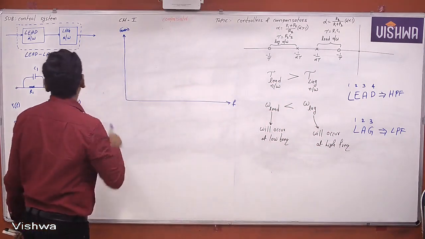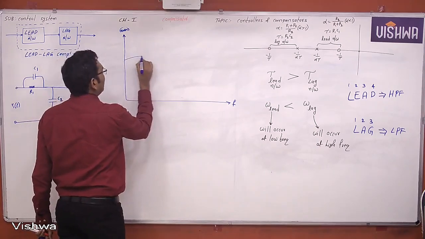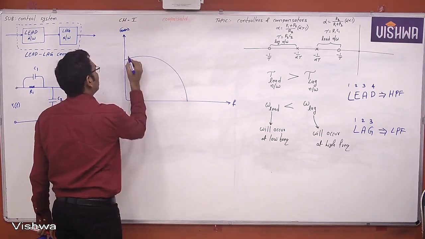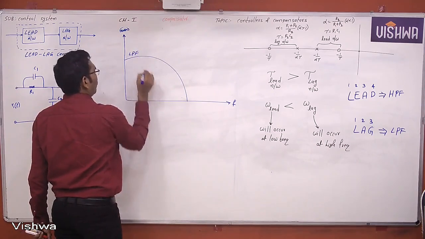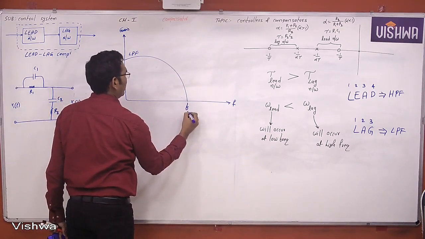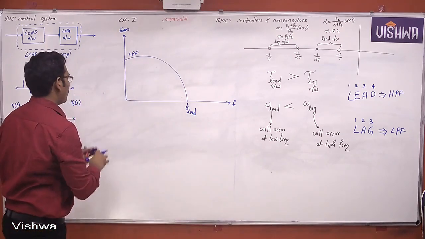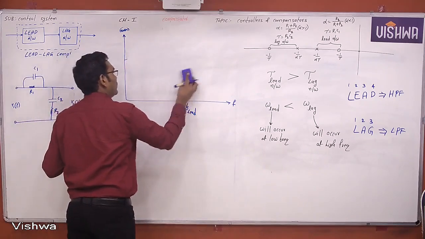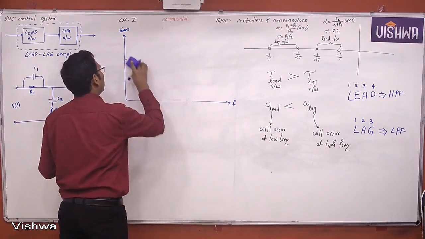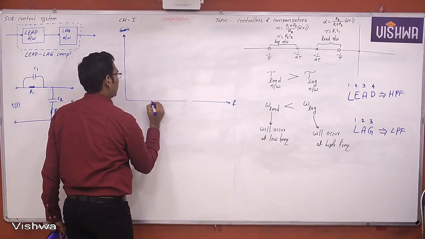Now, what is the first network? Lead. The lead network will act as a high pass filter.